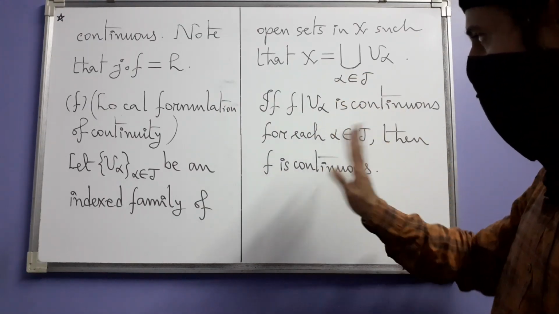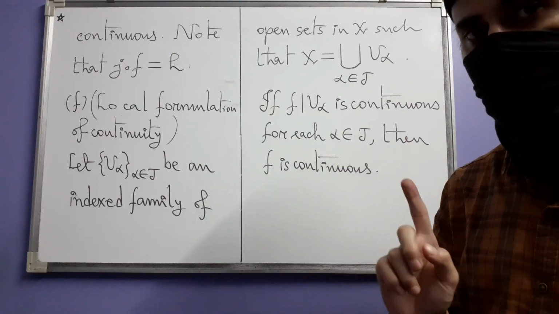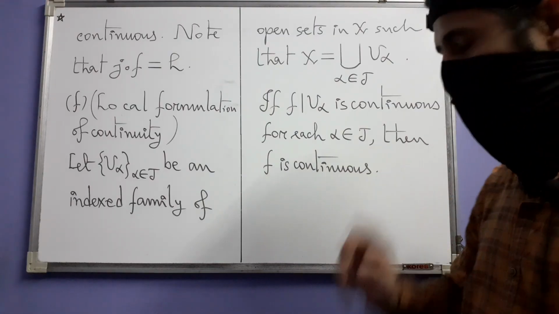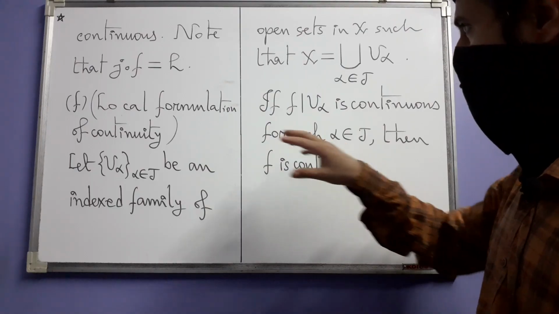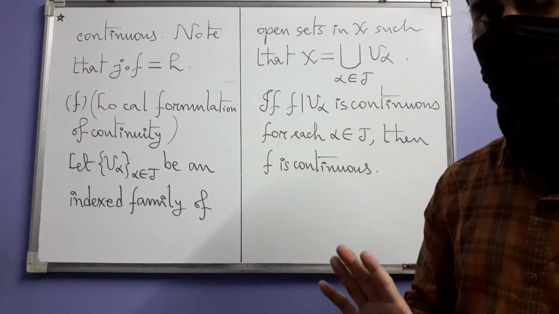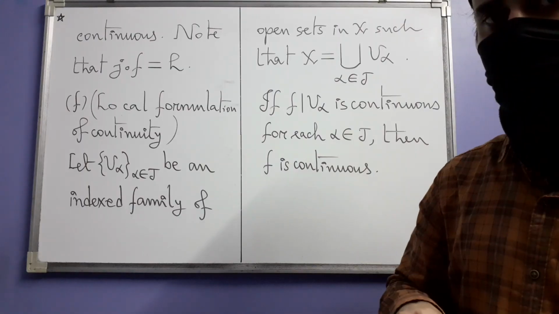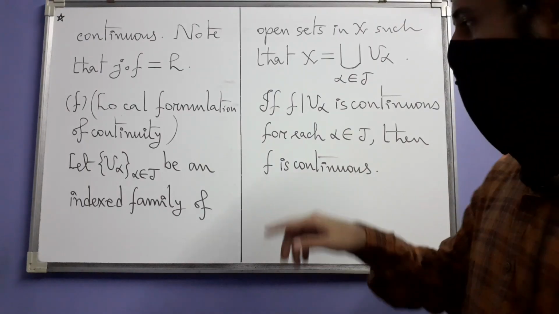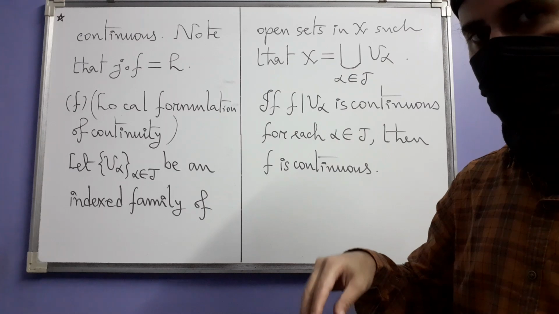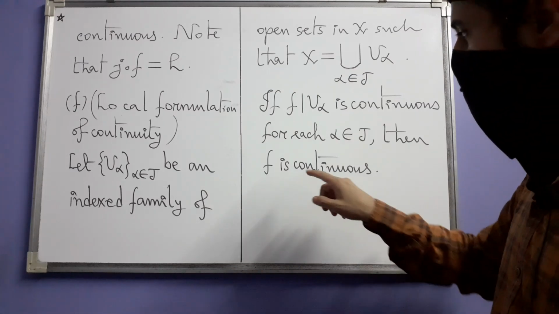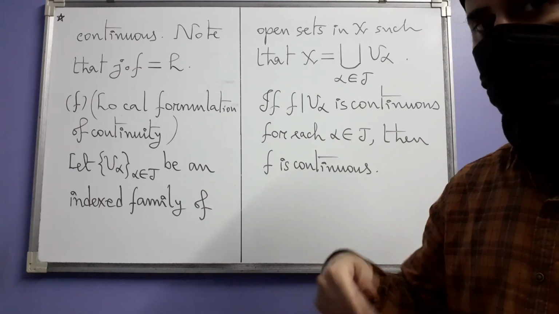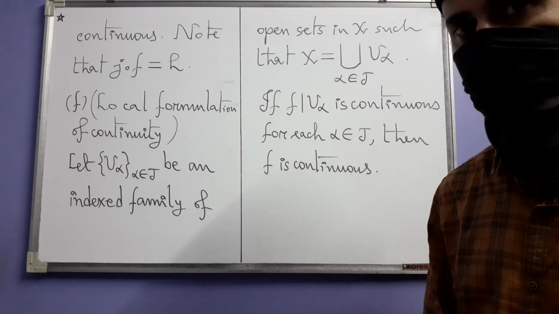These restrictions are all continuous, suppose. Then the original function f is also continuous. So this is a local formulation of continuity because each U alpha is a locality. Locally, if f is continuous everywhere, then globally, in its entirety, it is continuous.